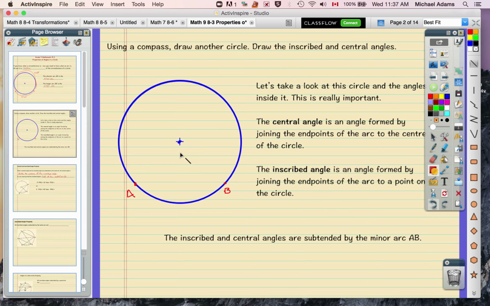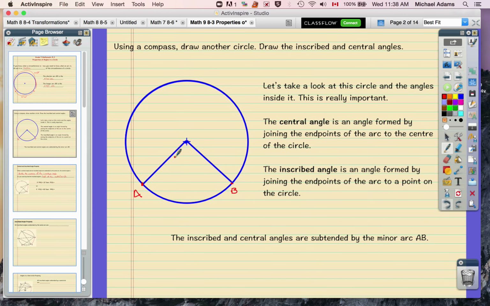So now if I go from the center of the circle here to this point A, and then to this point B, well, now I've created an angle, and this is going to be called my central angle. Why is it central? Because it's in the center here. So central angle.